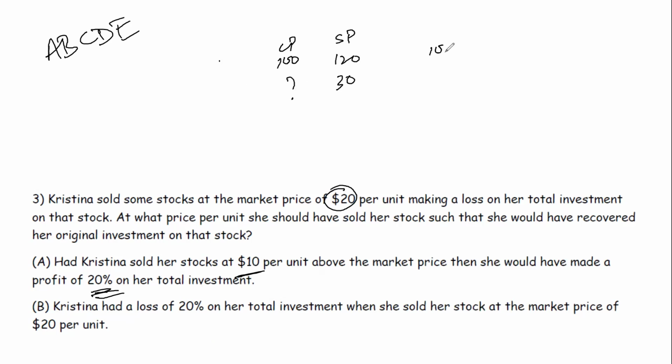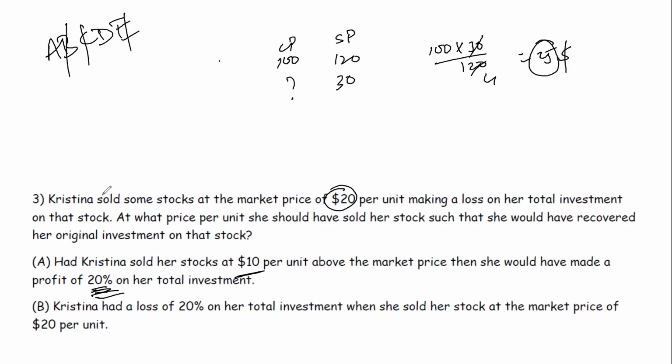So 100 into 30 by 120. So that's $25. She would have made a profit of 20% at $30. So her cost price, meaning her original investment price, is $25. So that gives us the price at which she would have recovered her original investment on that stock. Got it? So 25, we get the answer from A, correct?